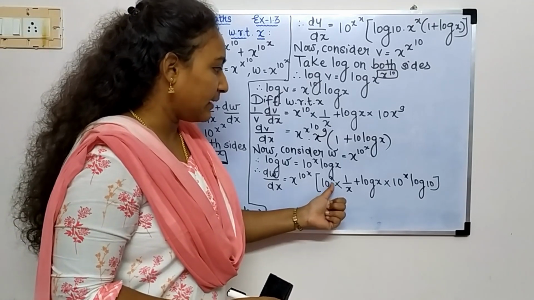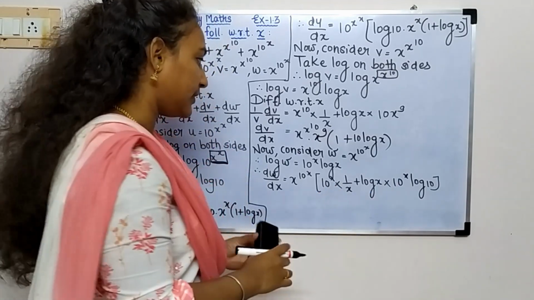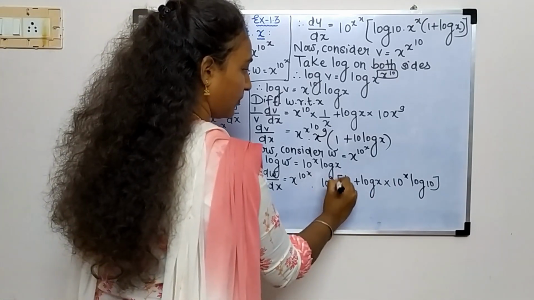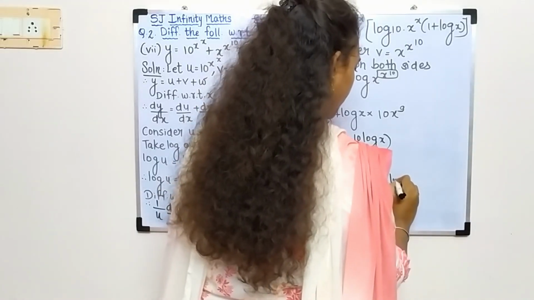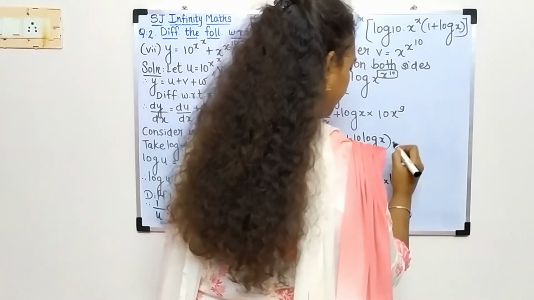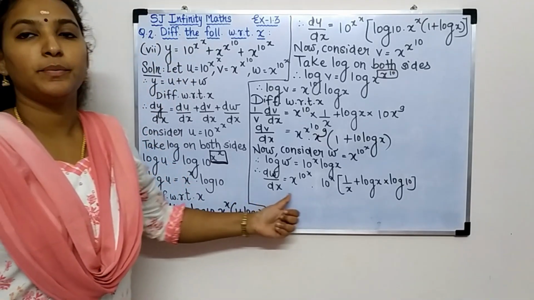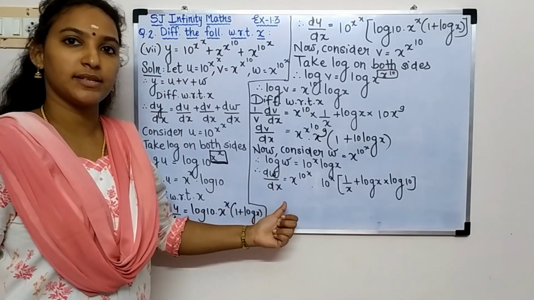So we get a 10 power x common from this term. Thus we obtained our dw by dx also.